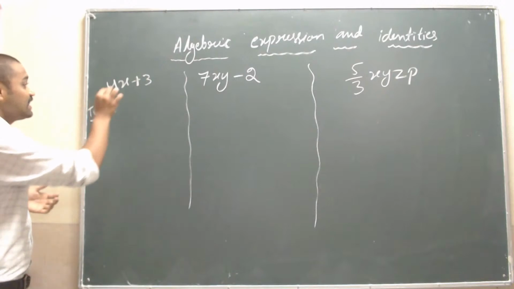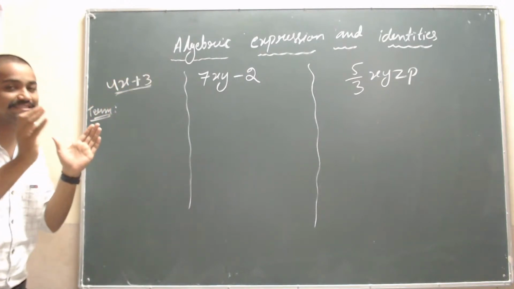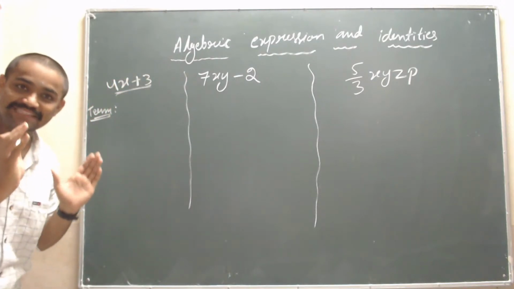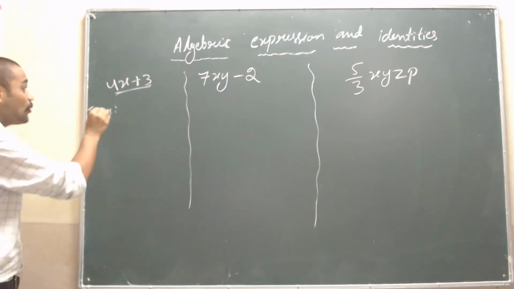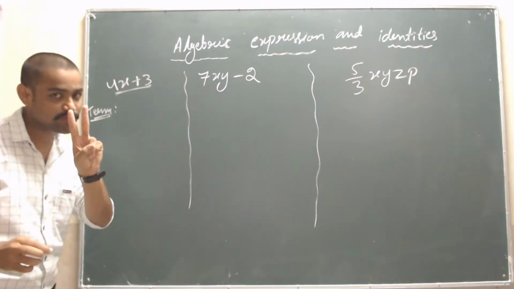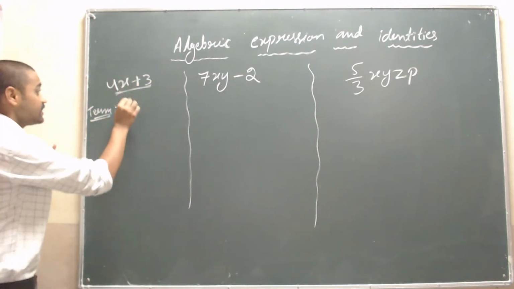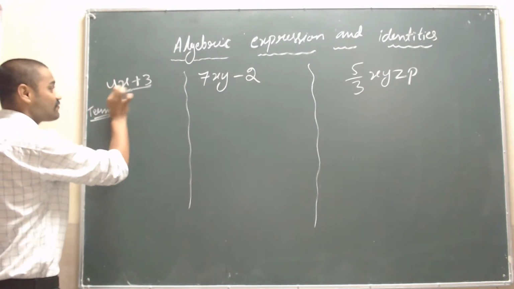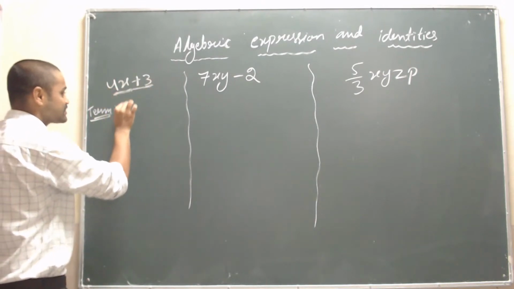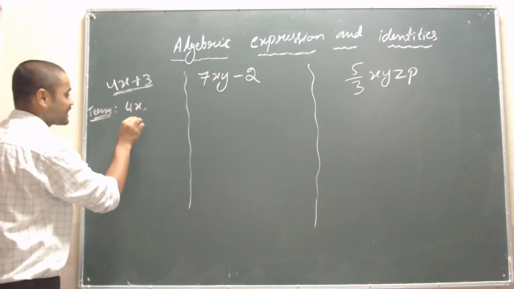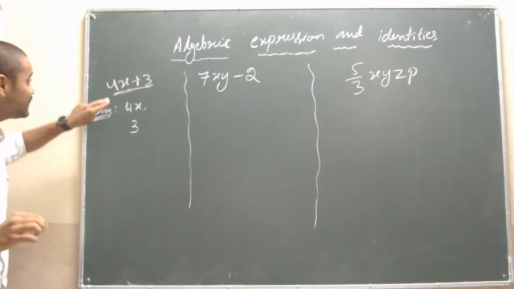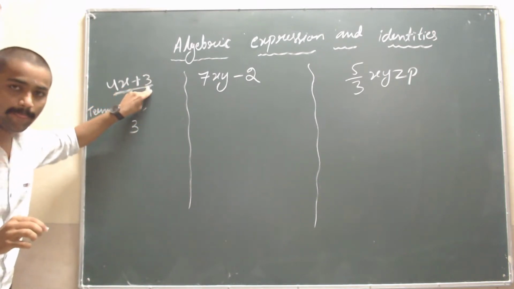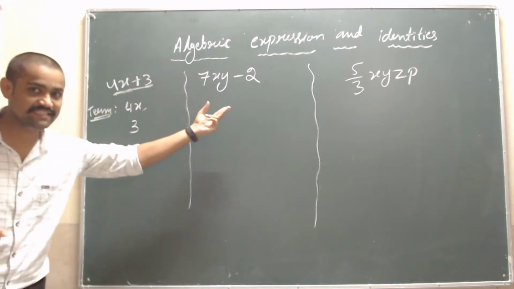Let's take one example, 4x plus 3. This is the algebraic expression. How many terms are there here? Two terms. One is 4x and the second one is 3. How many terms are there? 1 and 2.